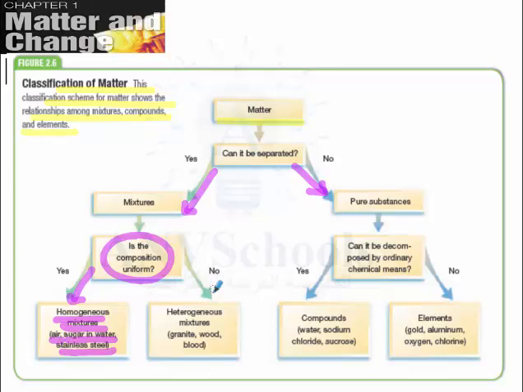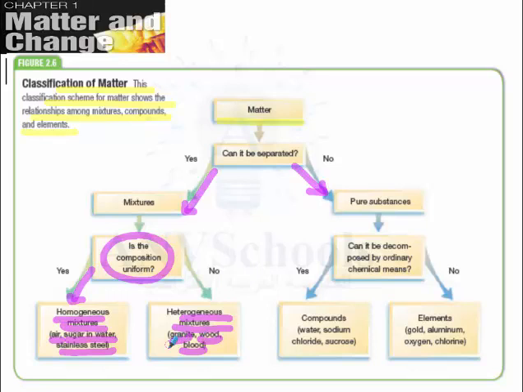If it's not uniform, then it is a heterogeneous mixture, like blood and wood and graphite.